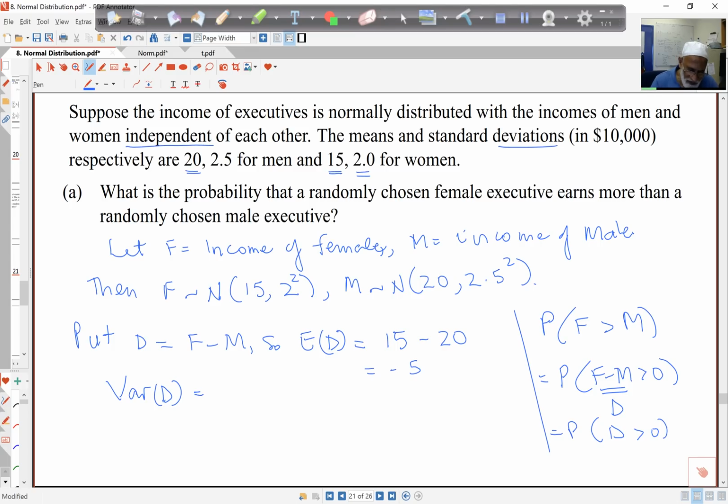So variance of D is the variance of the female, and this is where I require care. I require variance here, so it's 2 squared plus 2.5 squared. That's 4 plus 6.25, 10.25. So D is also a normal distribution. The mean is -5 and the variance is 10.25.